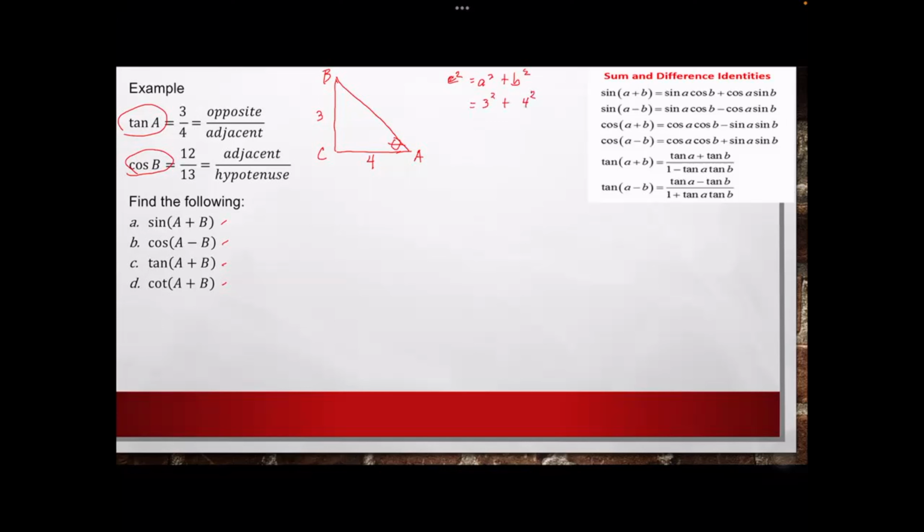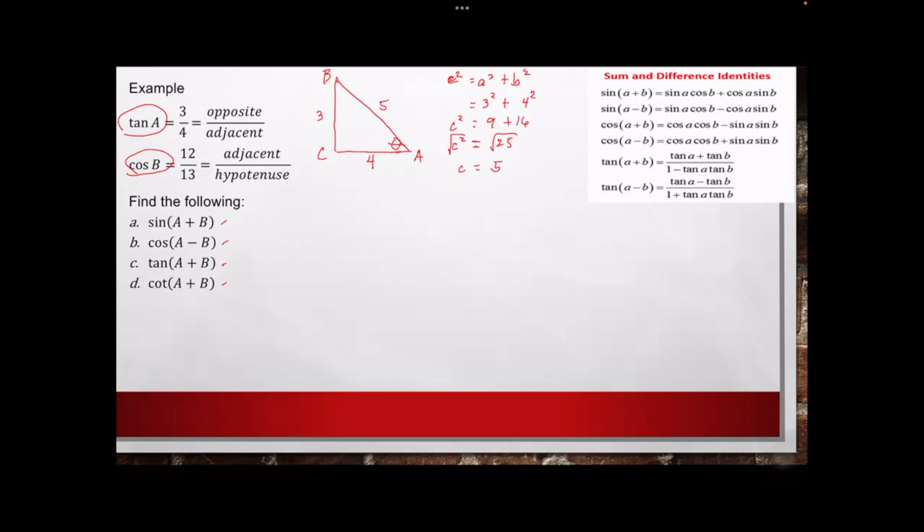So, therefore, C squared is equal to 9 plus 16. Then, C squared is equal to 25. Then, taking the square root, C is equal to 5. So, the square root of 25 is 5. So, therefore, this will be 5.